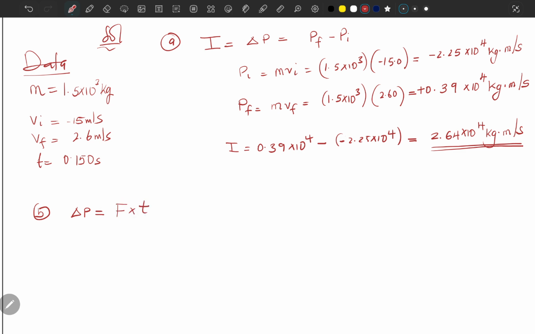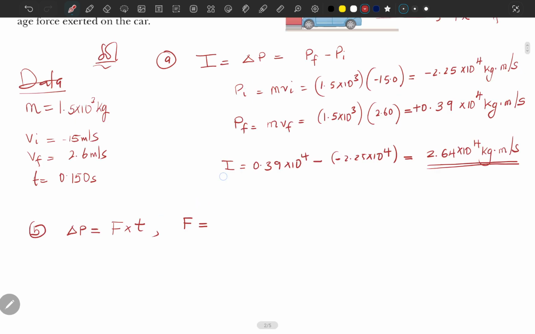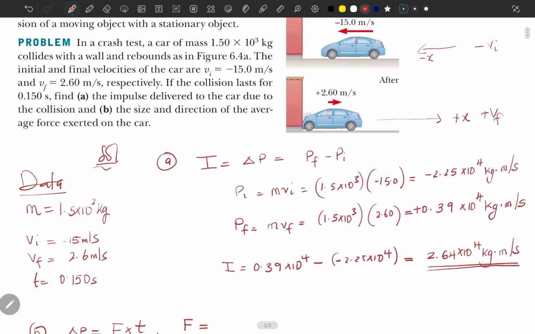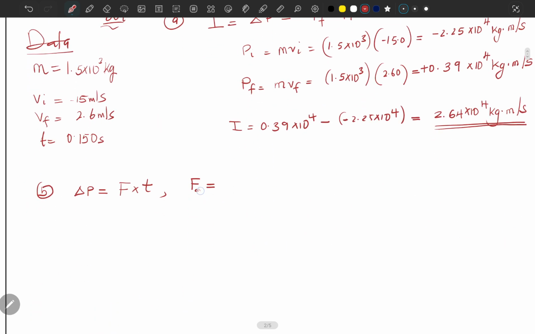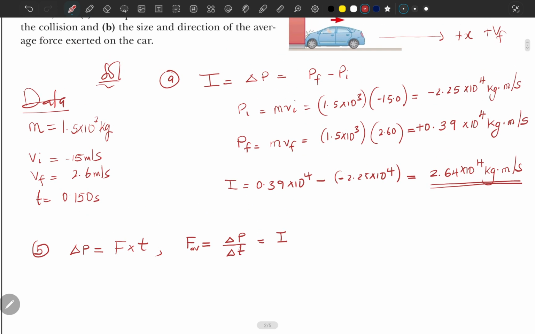In our case, we are looking for force, which is the average force, so we put AV down here. It will be the change in momentum over the change in time. The change in momentum, remember, is just impulse, so just put the impulse there over the change in time.